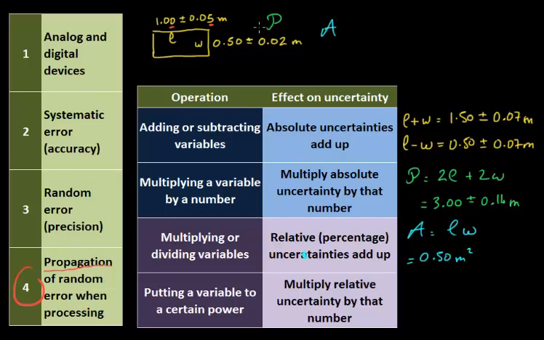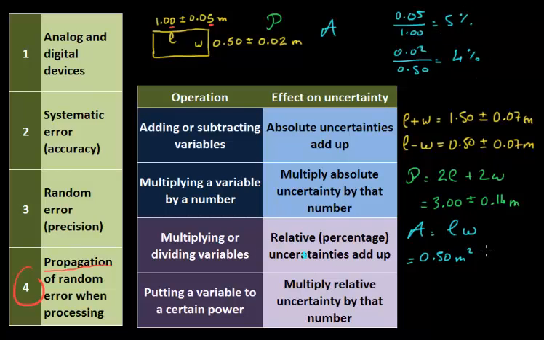Well, to find the percentage uncertainty of each of these, I just do for the length 0.05 divided by 1.00, and that's equal to 5%. And the relative uncertainty of this value is 0.02 divided by 0.50, and that's equal to 4%. So here I'm saying that the relative uncertainties add up when I do such an operation.